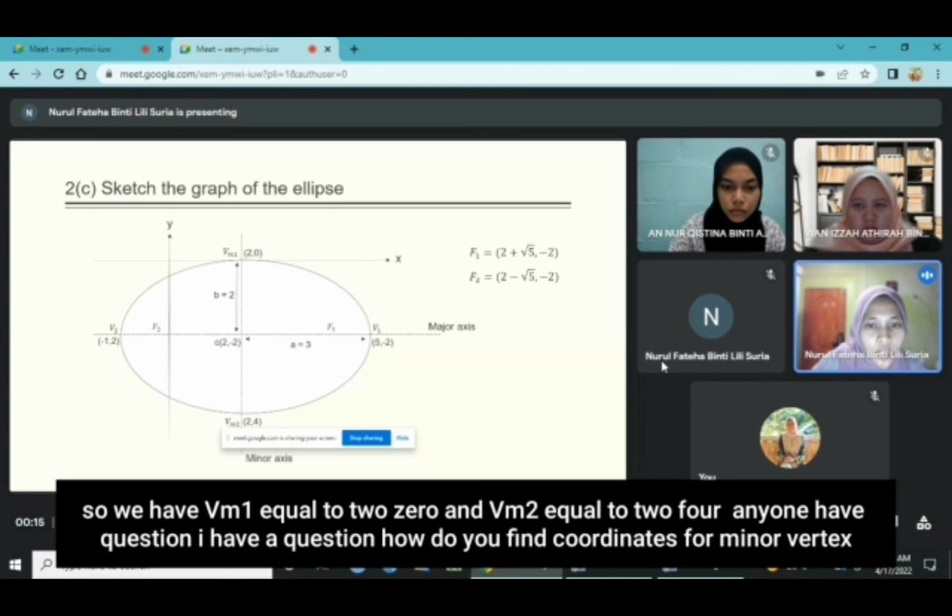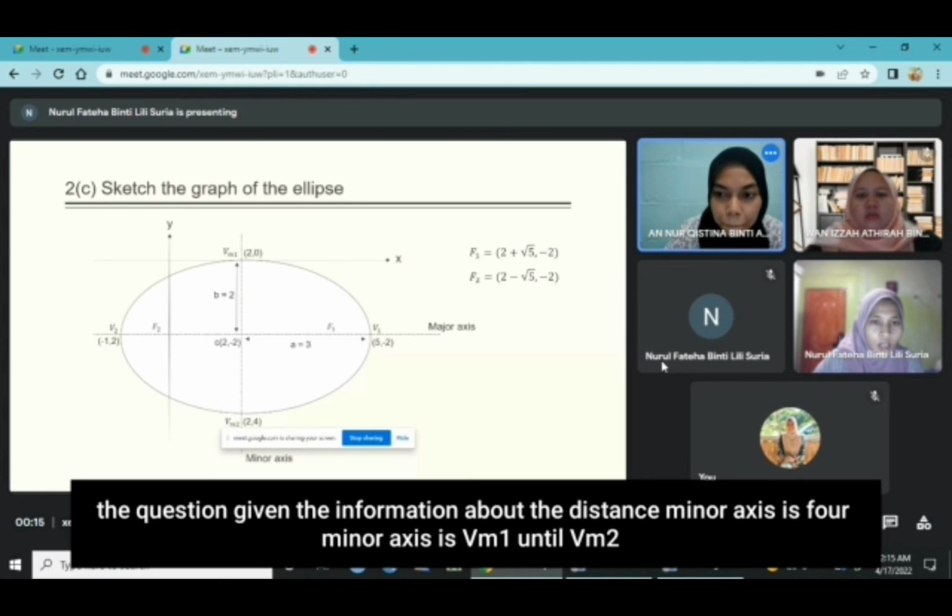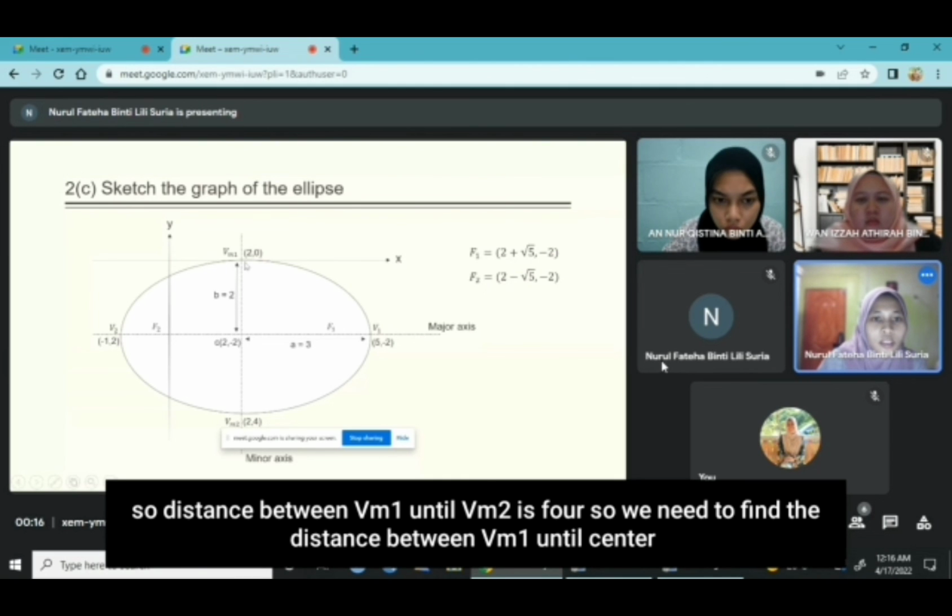Anyone have a question? I have a question. How do you find the coordinates for the minor vertex? The question gives the information that the minor axis distance is 4. The minor axis is from VM1 to VM2, so the distance between VM1 and VM2 is 4.